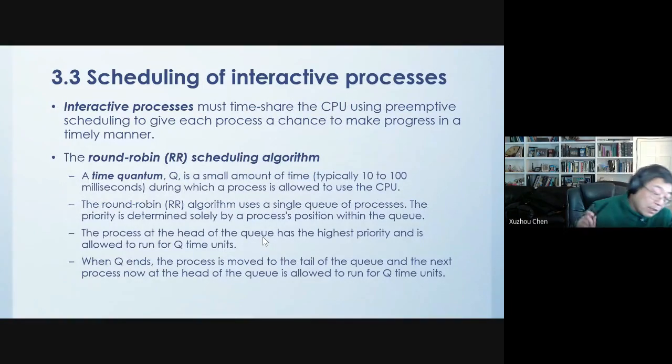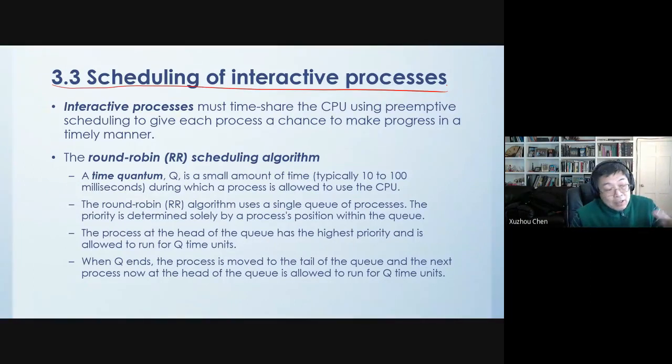Okay, in 3.3, we're going to talk about a scheduling algorithm for interactive processes. Interactive processes are processes that interact with the computer more frequently, just like social media software.